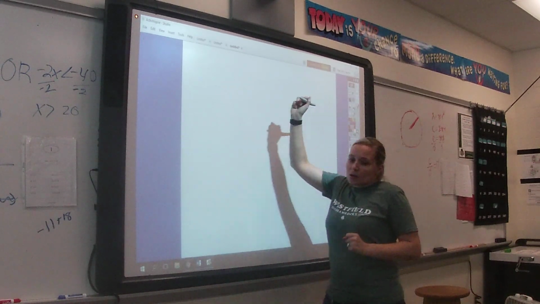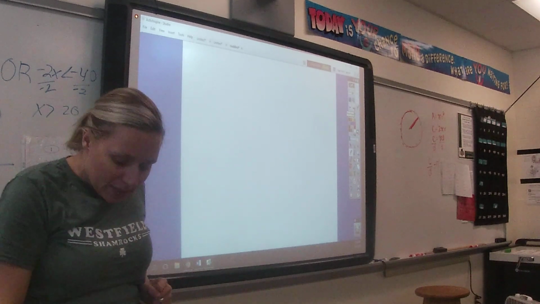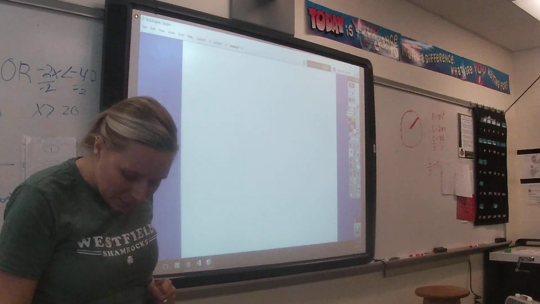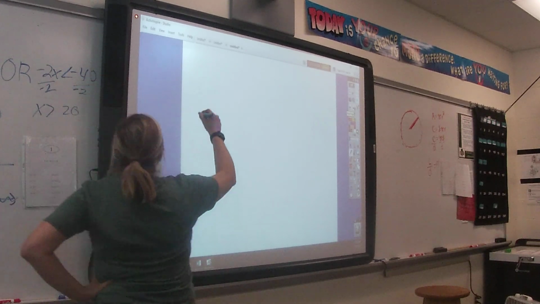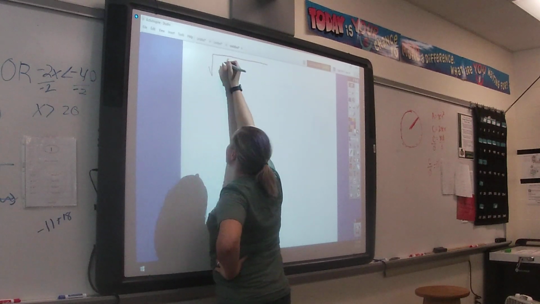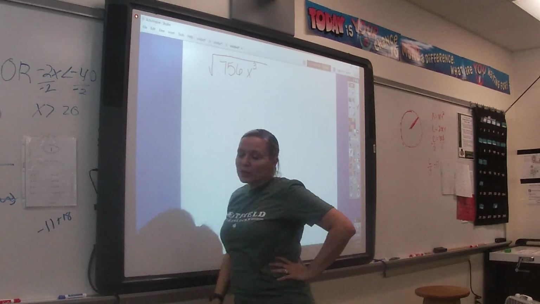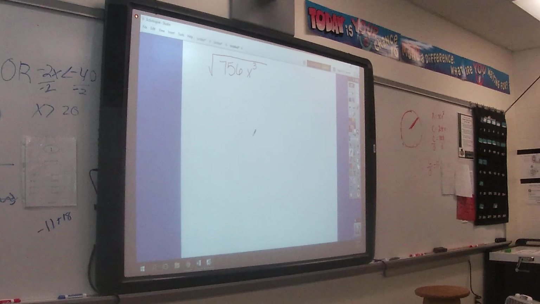Let's say we wanted to simplify the square root of 756 x to the third. This is the exact type of problem of why we have the process.